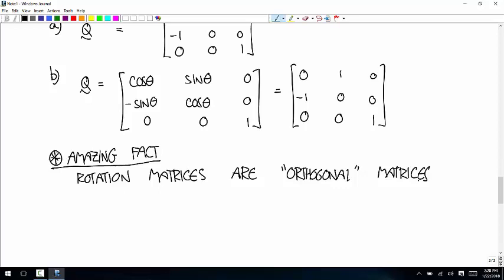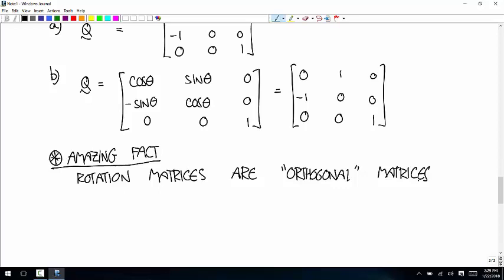It definitely has something to do with the columns and or the rows being perpendicular to each other. You don't need to know that.